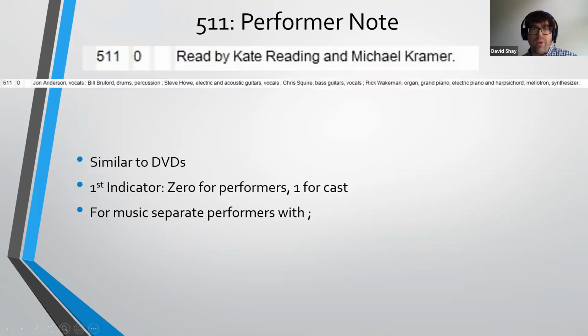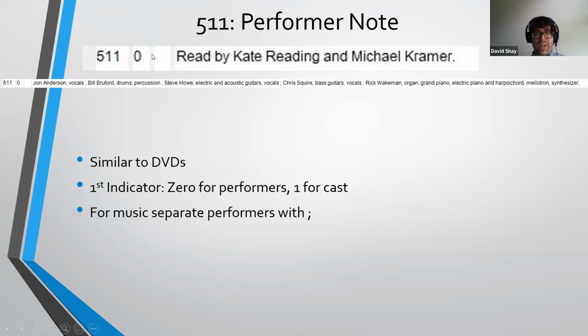And here we go, 511 performer notes. So just like with DVDs, you can enter movies, you can enter your performers in here. So 511, indicator 0 for performers, 1 for a cast. So I think there's a big full cast performance of Lord of the Rings, an audiobook. So you could, in theory, put that as a 1 and then list the full cast.